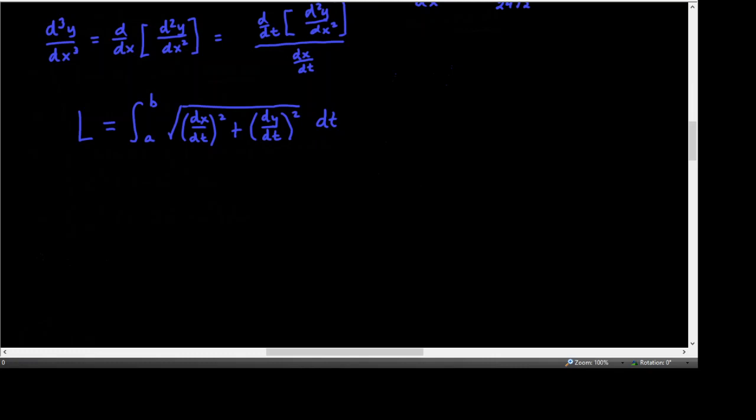Okay, so I'd like for you to see how that's developed. So let me spend a bit of time with that. So let's start with the formula that we had before for a function y in terms of x. This is the formula we had.